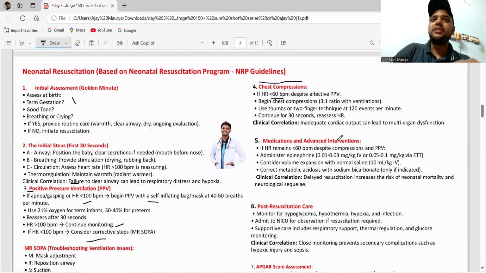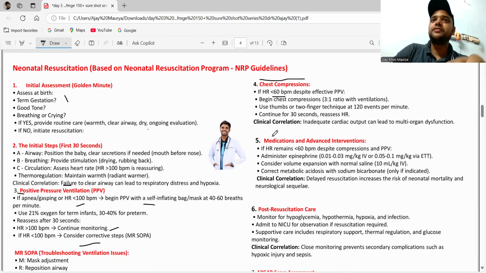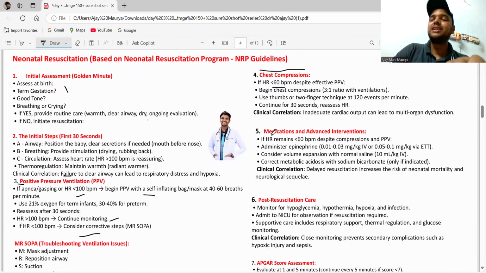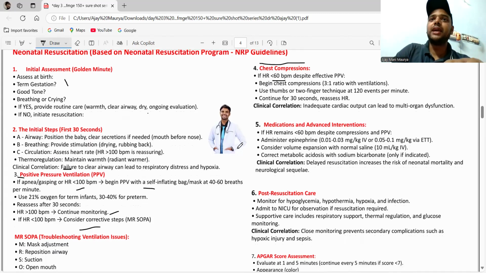Remember, if this fails, then you have to give medications and advanced intervention. If the heart rate remains less than 60 beats per minute despite compression and PPV, then you have to administer epinephrine.